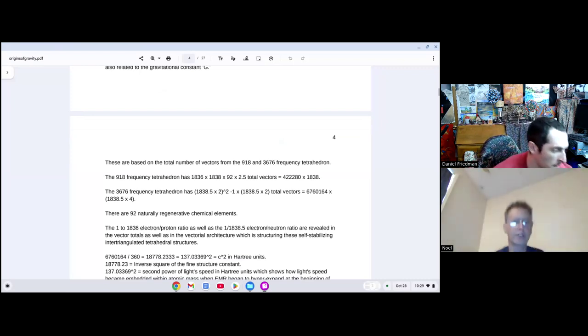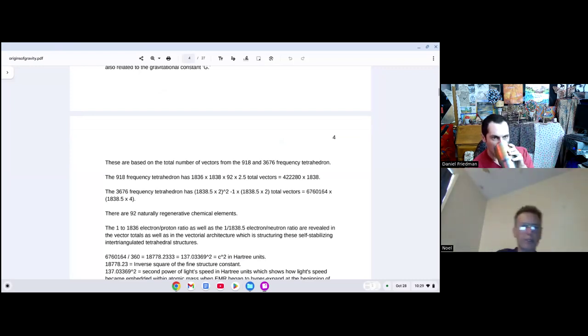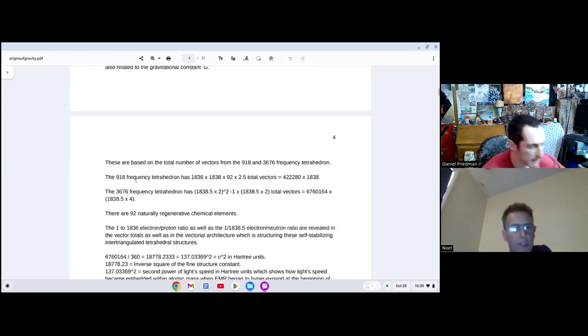The other two scales that this whole work is based on, then the second scale is based on the 918 frequency tetrahedron, and it has this many total number of vectors, 1836 times 1838 times 92. And you might recall then that there are 92 naturally regenerative chemical elements. The 1 to 1836 electron proton ratio and 1 to 1838 is very close.